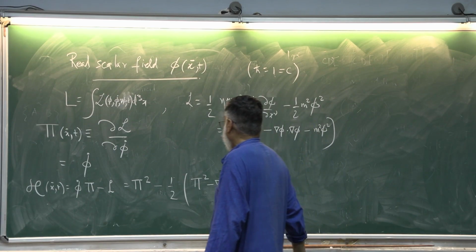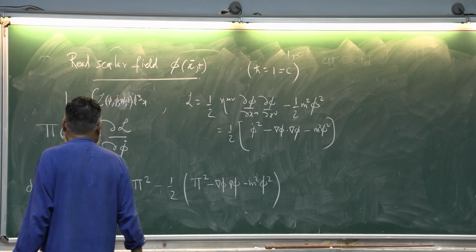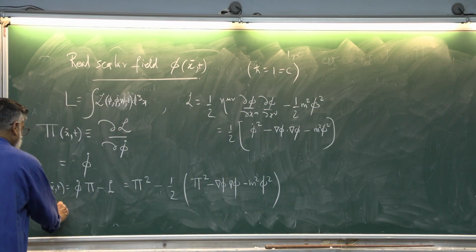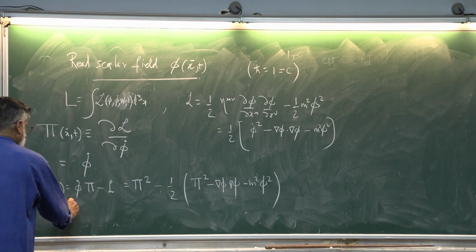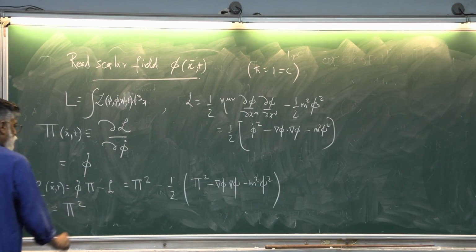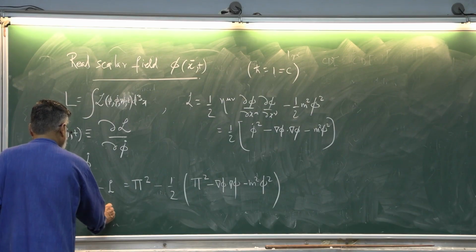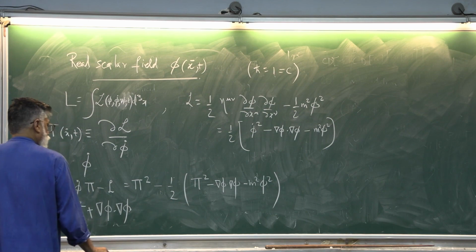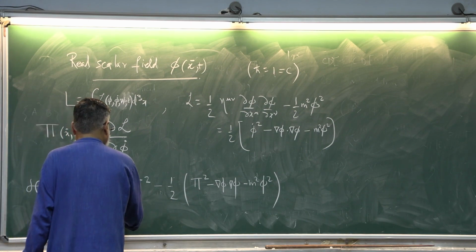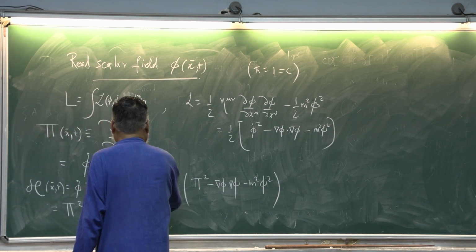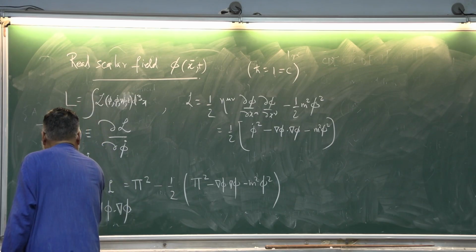Hence I get my Hamiltonian density for the real scalar field, half, so everywhere there is a half.